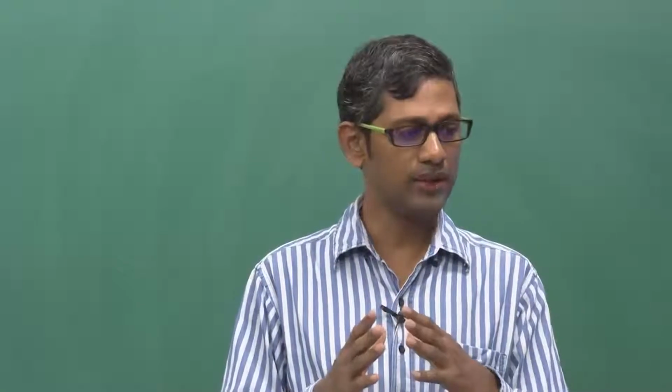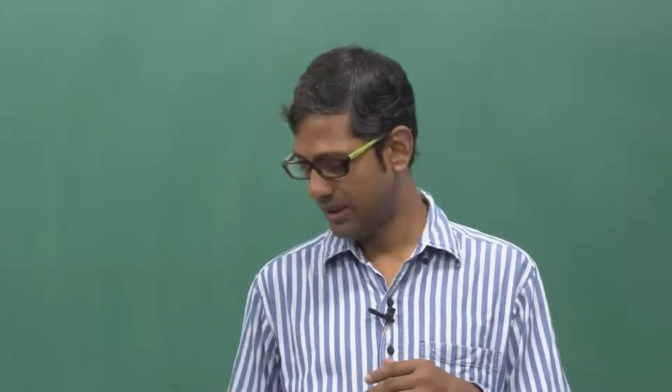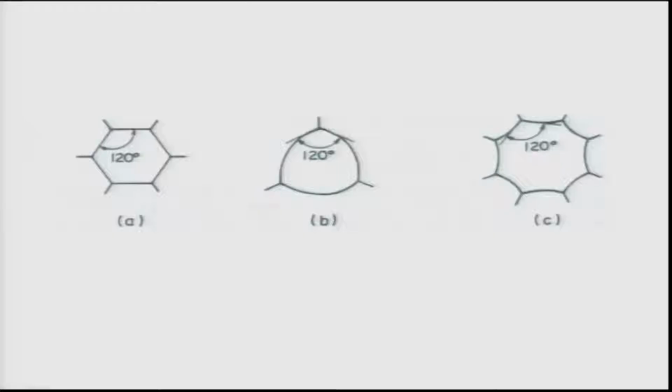As you know, grain edges in the system form when 3 grains meet. Let me just show you the picture here. So, grain edges can easily form where the 3 boundaries meet. These are the grains. Okay, you can see that. So, what is the equilibrium angle when the 3 of them meet?